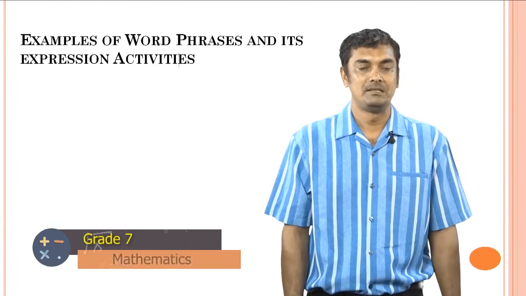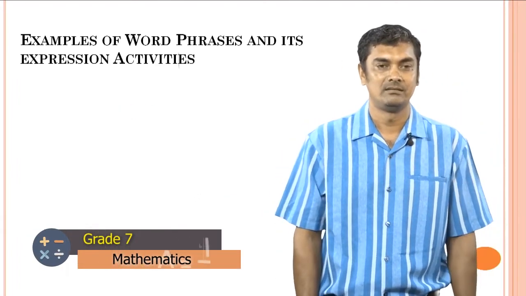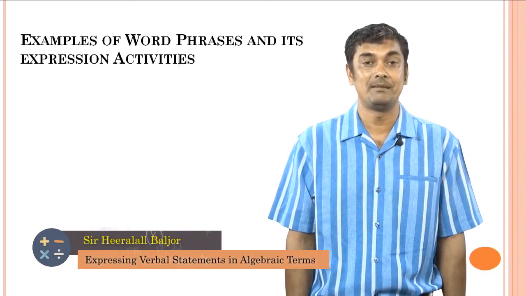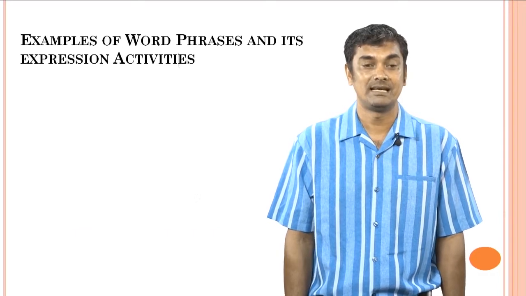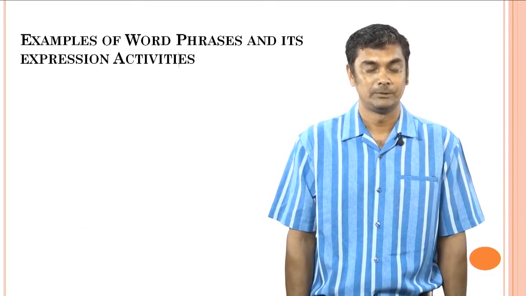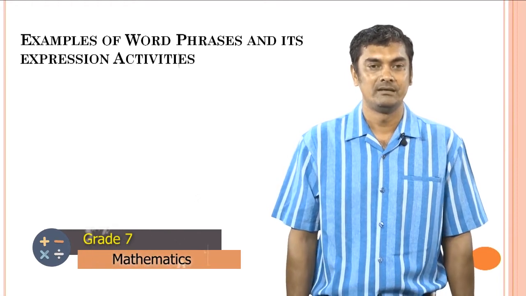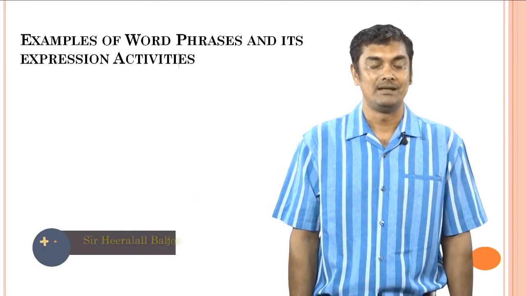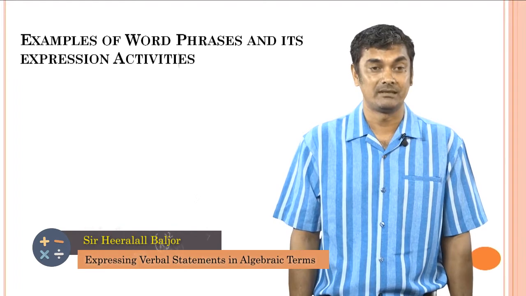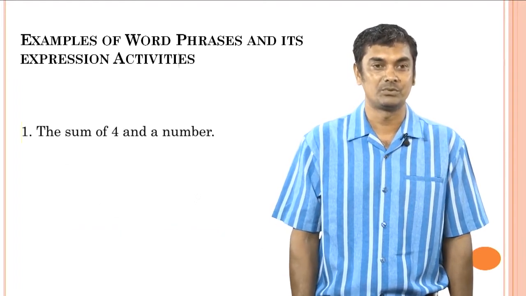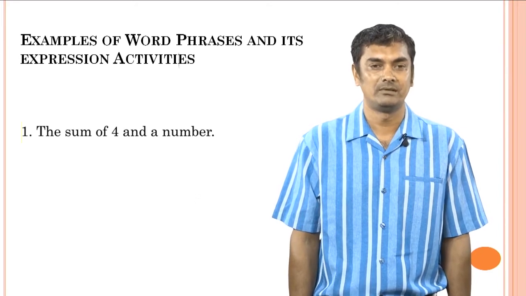All right, we have met the fun time of the activities here in which we're going to be writing examples of worded phrases and their expressions. So here's what I'm going to do. I'm going to give you the worded example, and you're going to write the algebraic expression for me. So let us go. 5 seconds. The first one. The sum of 4 and a number.